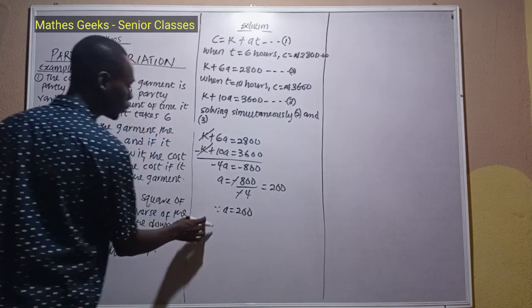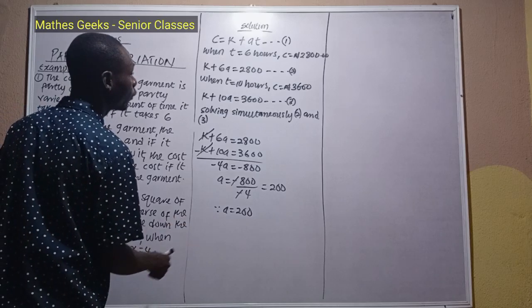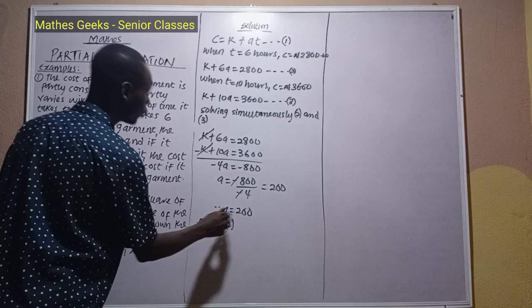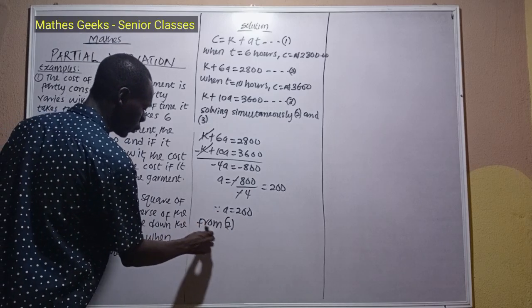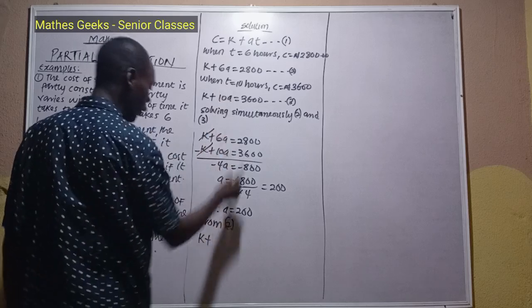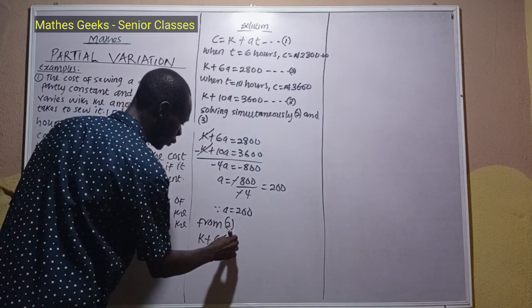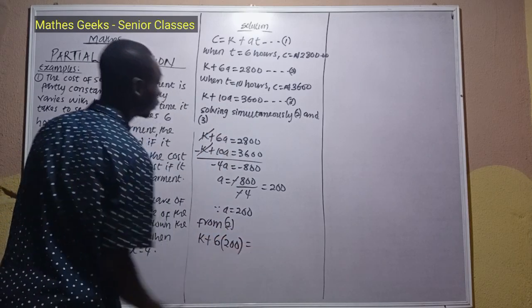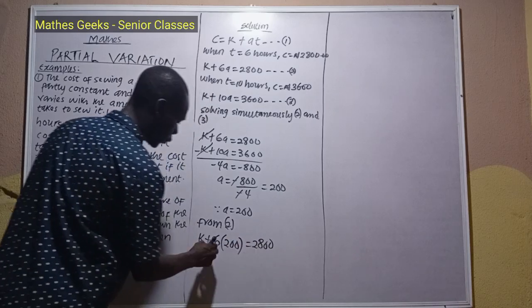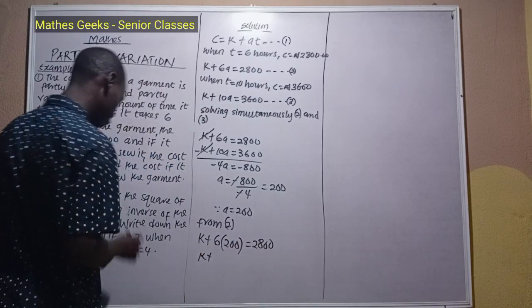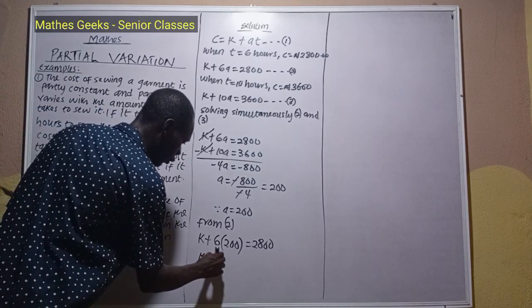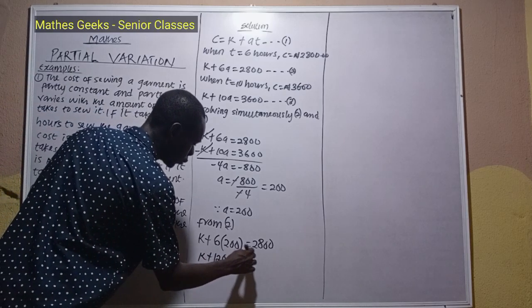So from equation 2, k plus 6a is equal to 2,800, where we put 200 in place of a. k plus 6 times 200, which is 1,200, is equal to 2,800.